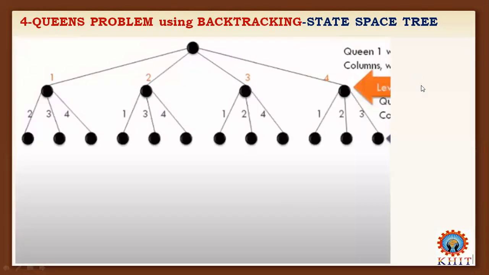Now the first queen was placed. Once the first queen was placed, what are the leftover queens? Queen 2, queen 3, queen 4. There are 4 queens you need to arrange on a 4 by 4 chessboard. If the first queen is placed, 2, 3, 4 are leftover.